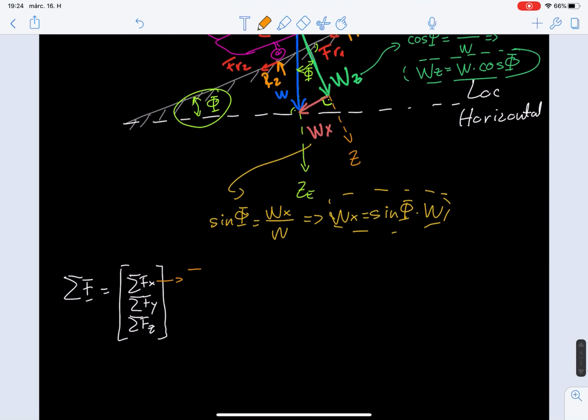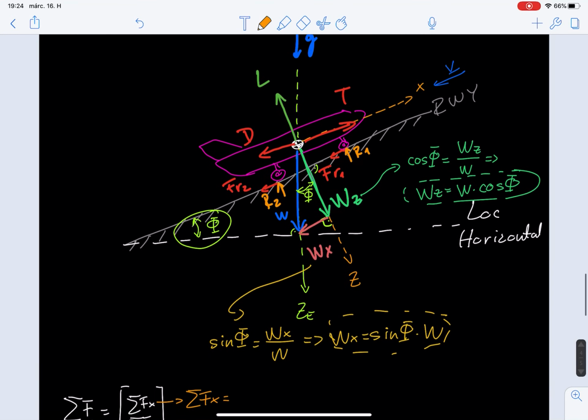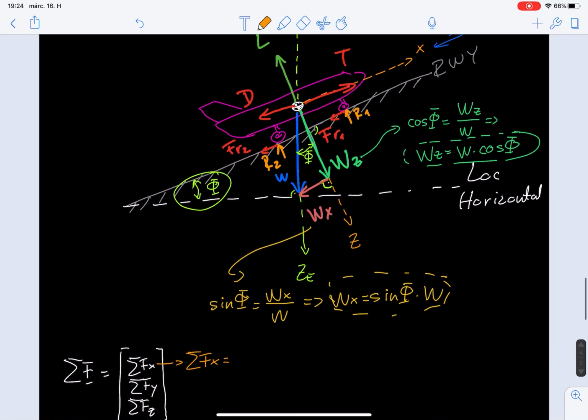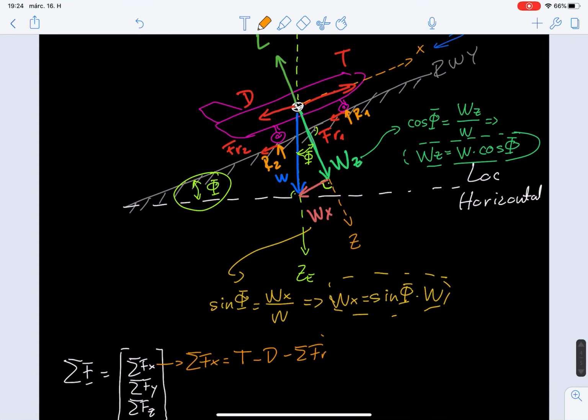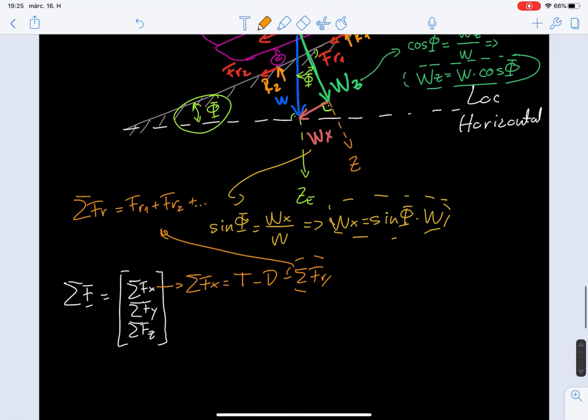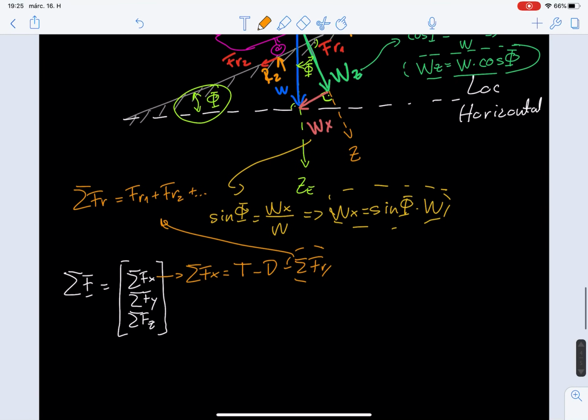So the sum of forces in the longitudinal direction includes the thrust in the positive direction, and in the negative direction you have the drag. You have the sum of the friction forces, where the sum of the friction forces would be friction 1 plus friction 2 plus however many frictions you would have. So it's just summing the frictions on the wheels.